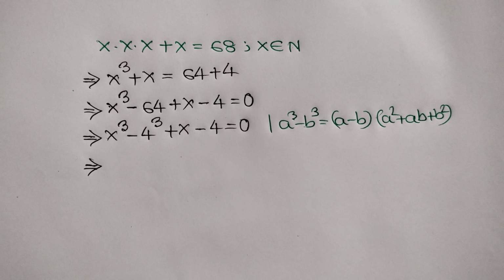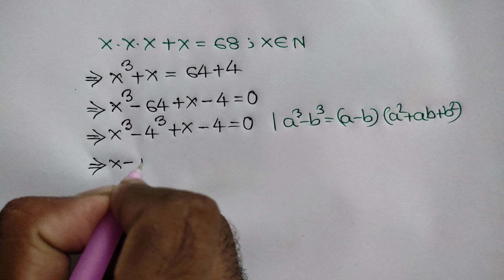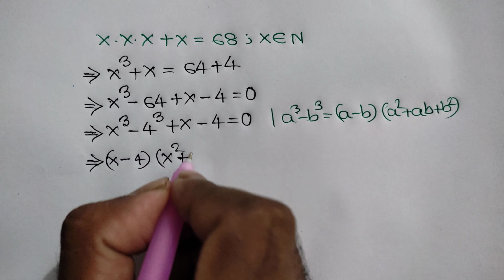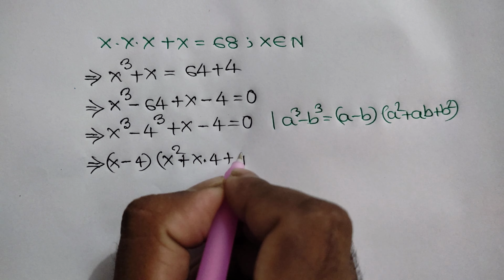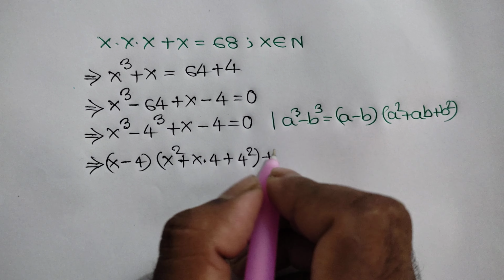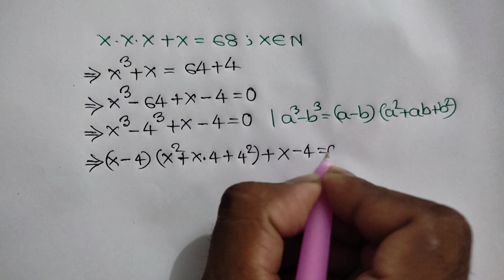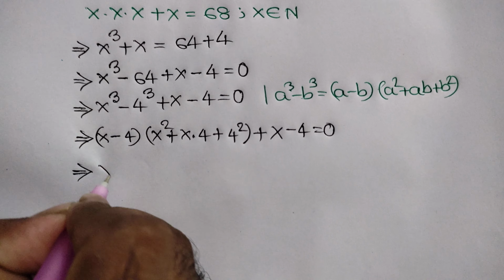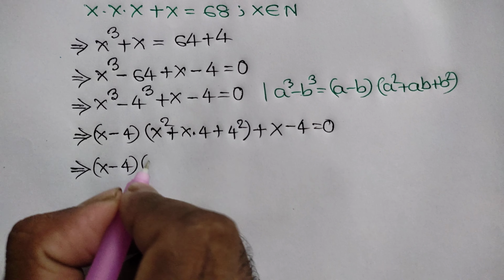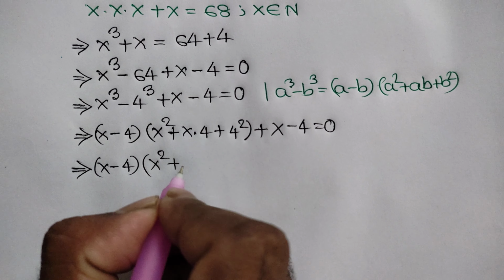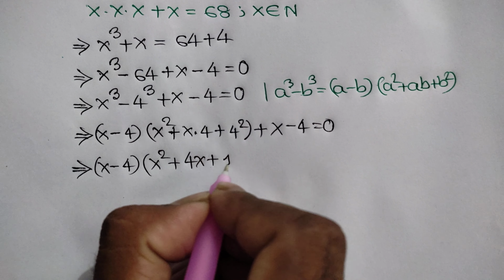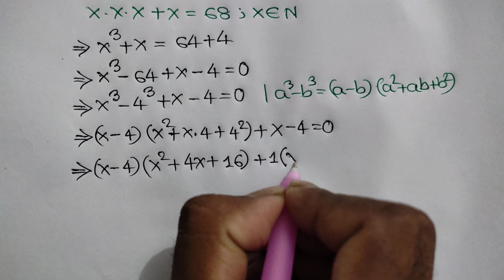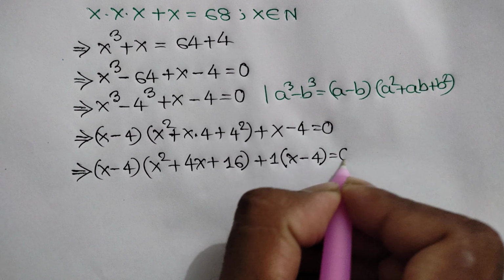Now applying this formula, we can write x minus 4 times x square plus x times 4 plus 4 square, plus x minus 4 is equal to 0, or x minus 4 times x square plus 4x plus 16, plus, taking common 1 from the last two terms, 1 times x minus 4 is equal to 0.